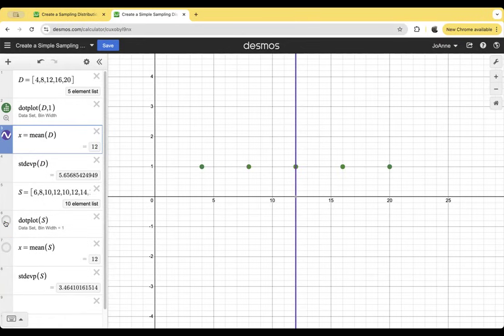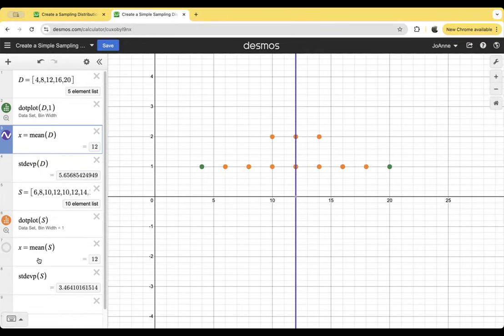So notice that, remember that variability is a measure of the spread of a distribution. The more spread out it is, the higher the variability, which is a measure of the standard deviation. If we take a look at that standard deviation for the population, 5.6569, if I put the sample means on top of that, notice that there's less of a spread.